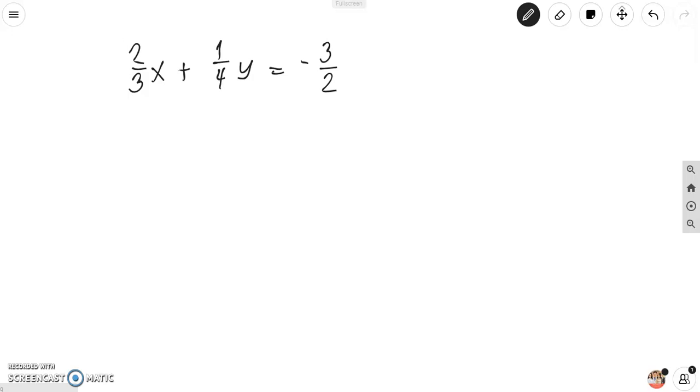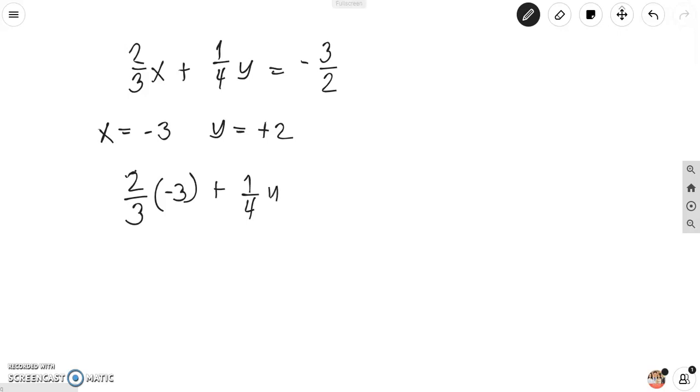Our x is equal to negative 3 and our y is equal to positive 2. Okay, let's check. 2 over 3 times negative 3 plus 1 over 4y, where y is equal to positive 2, equals negative 3 over 2.